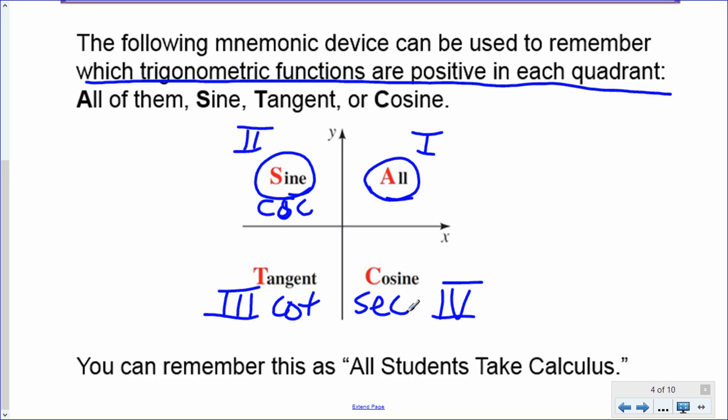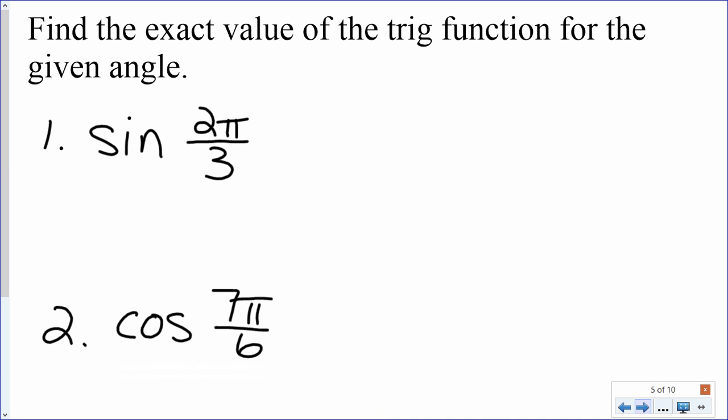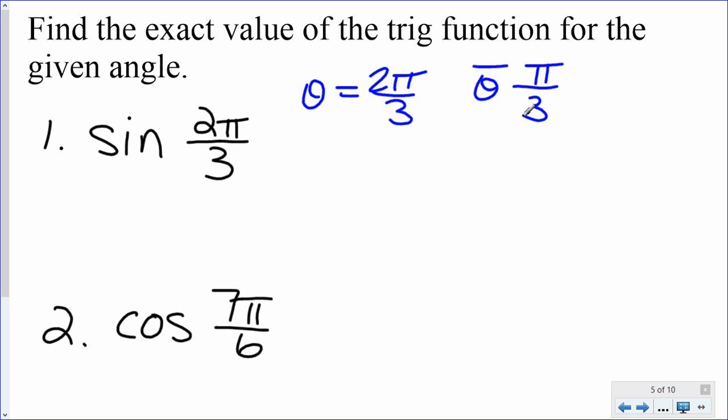All right, so let's see how this works in action. This is where we've been heading. We want to find the exact value of the trig function for the given angle. Another thing you may have noticed with the reference angle, the denominator is always the same. So finding your reference angle is really easy. Here in number 1, theta equals 2 pi over 3, which means its reference angle is pi over 3.